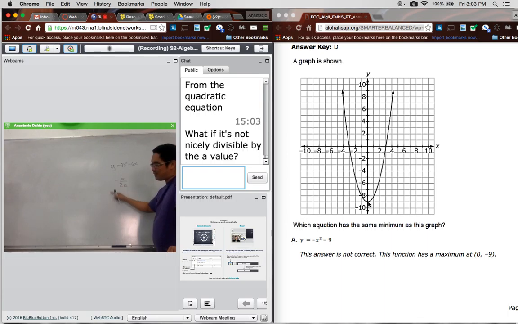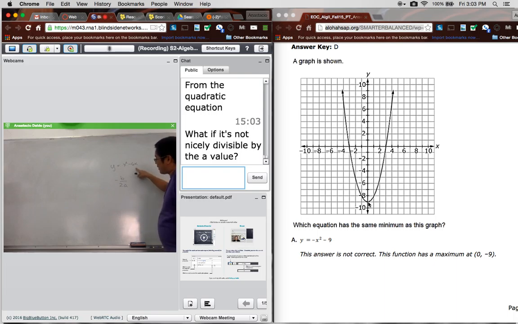And then what's the negative for? Well, that accounts for that weirdness of moving things right and left. So in the next one, I think it was positive x squared minus 6x.